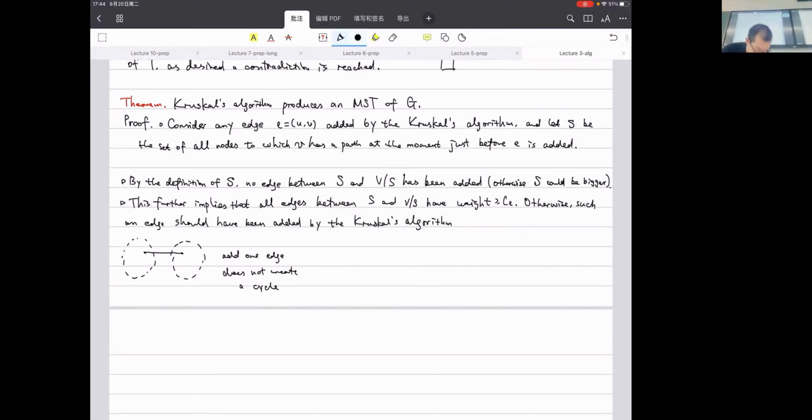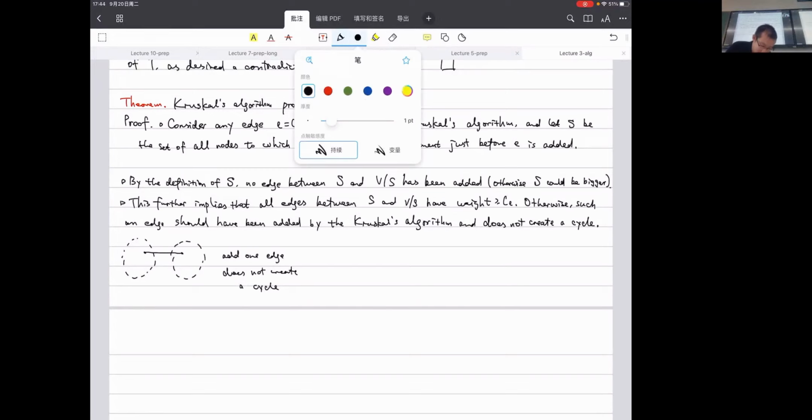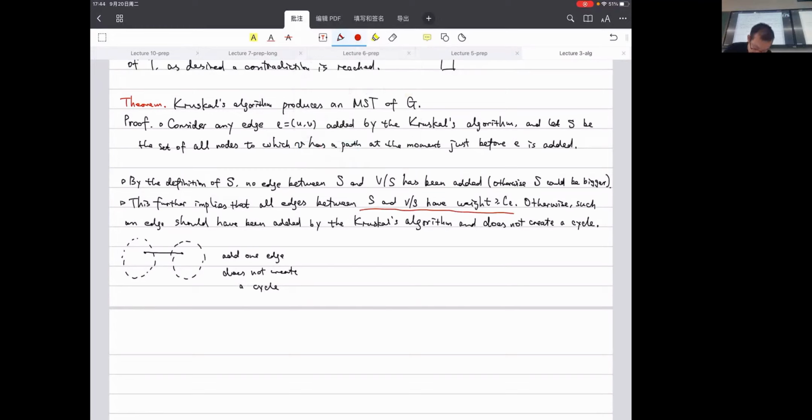So, back to our argument, it should have been added by Kruskal's algorithm, and it does not create a cycle. This confirms that all the edges between S and V over S have weight at least c_e.